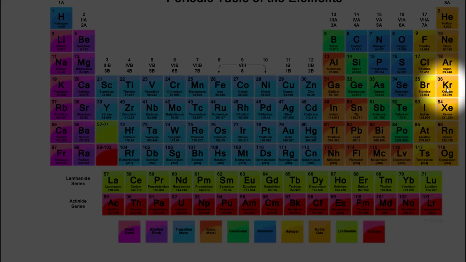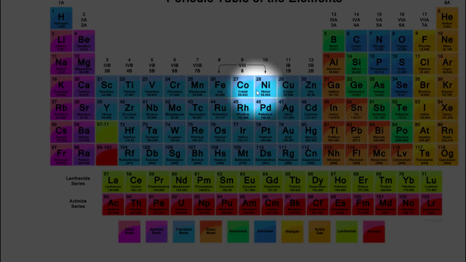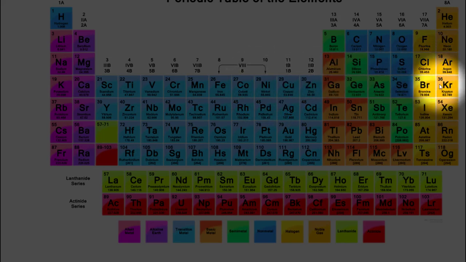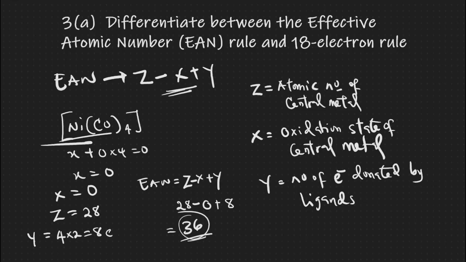Why? Because after the calculation, the atomic number is equal to that of a noble gas in that period. Can you see this is nickel, in the same period with this noble gas krypton, right? We'll now say that this satisfies the effective atomic number rule.